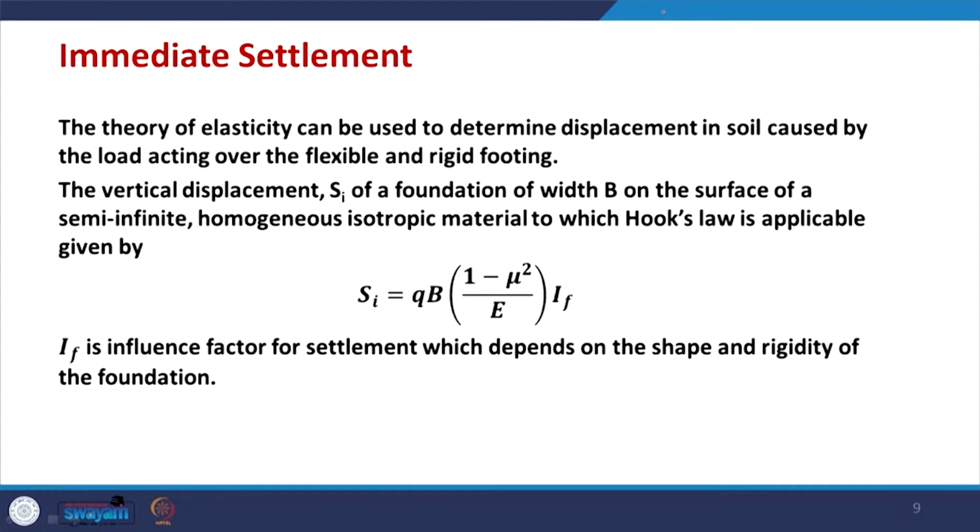Then IF is an influence factor for settlement, which depends on the shape and rigidity of the foundation. So, we can work out the immediate settlement using this empirical relation. However, primary consolidation and secondary compression are not easy to calculate with such an equation, rather we need to take measurements, and only then can one ascertain the value of settlements.